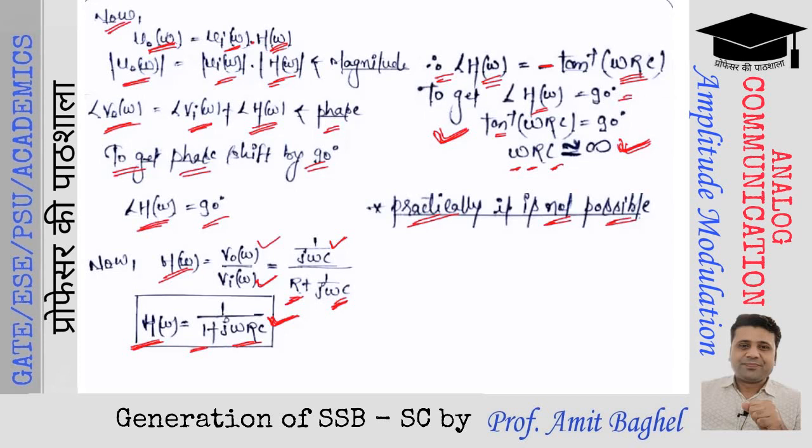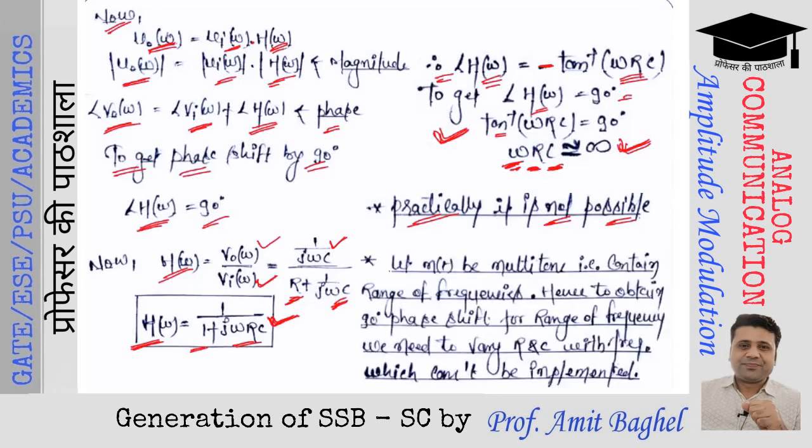To obtain the 90 degree phase shift, it has multiple frequencies. Understand? We cannot change R and C of the circuit. Can we? No. So what do you have to change? You have to change ω for different frequencies. But to get 90 degree, you must have a constant value of ωRC. So this is the limitation in the multitone case.